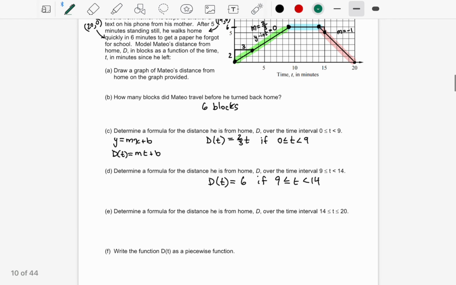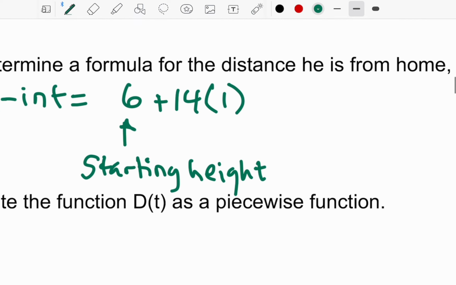So the y-intercept for this part is going to be 6 plus 14 times 1. The 6 is where you're at, the starting point, or starting height. The 14, let me zoom in. This is getting crazy. Number of steps to the y-axis, sorry.